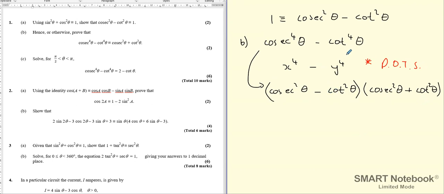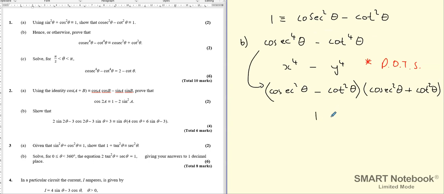The next thing to spot, we see this word hence, we need to use that because in part A we showed that cosec squared theta minus cot squared theta is identical to 1, which is the same as this bracket here.